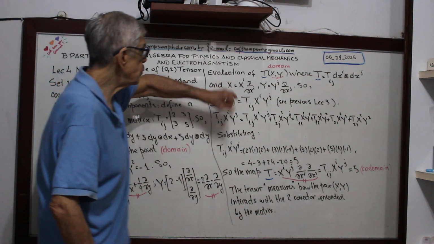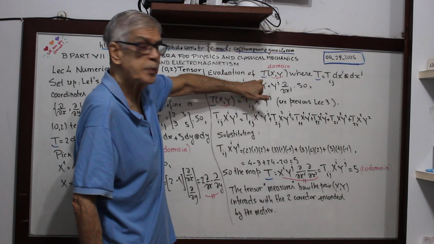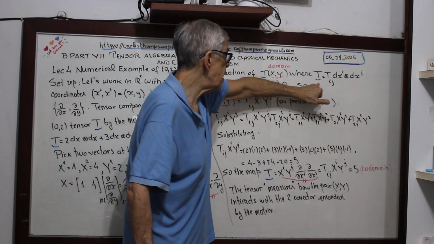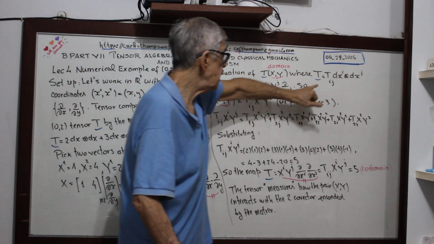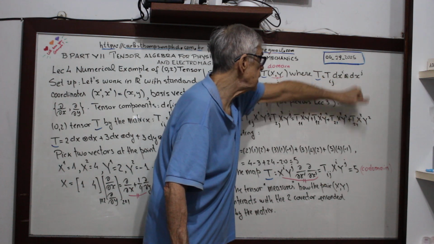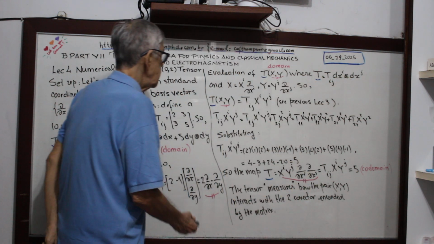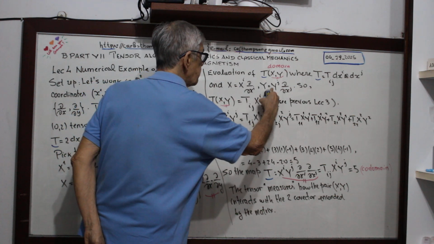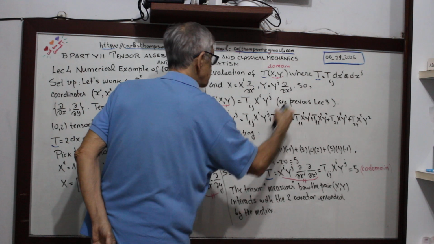So let's evaluate this map. This is a map, okay? It is the domain where the map is defined as Tij dxi tensor product dxj. And the vector x is xi partial xi and yj partial xj.